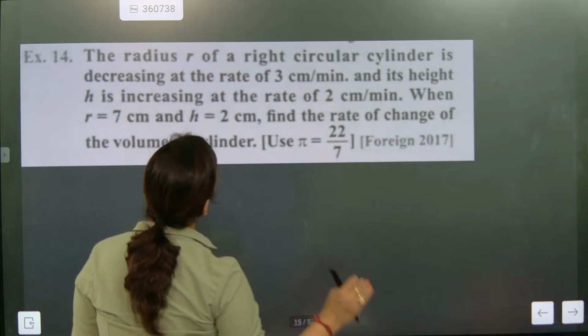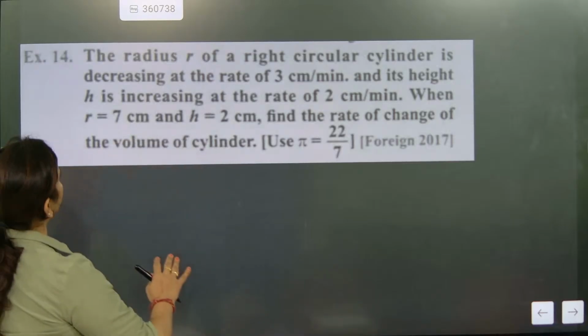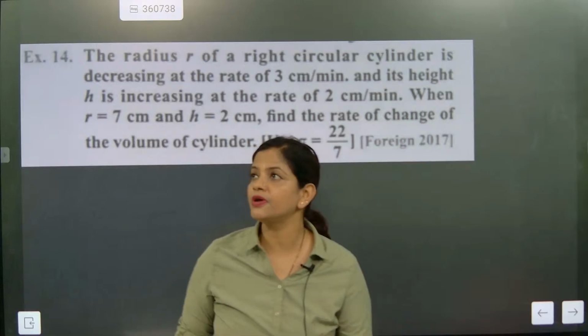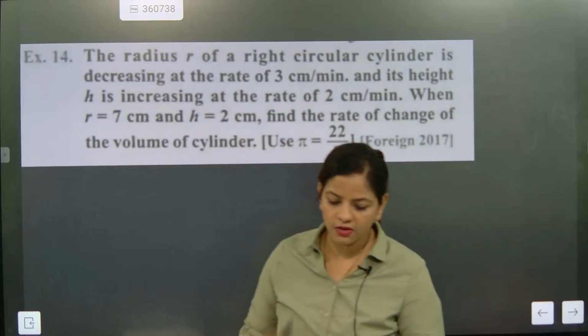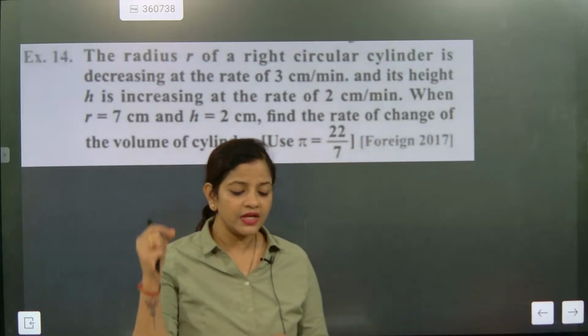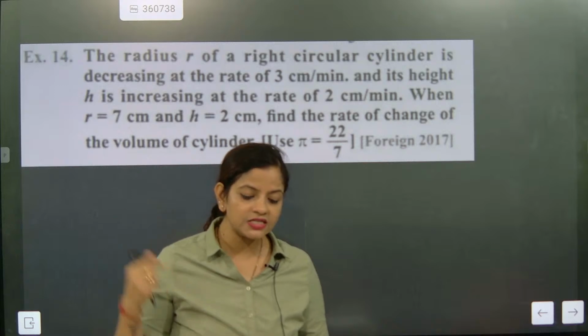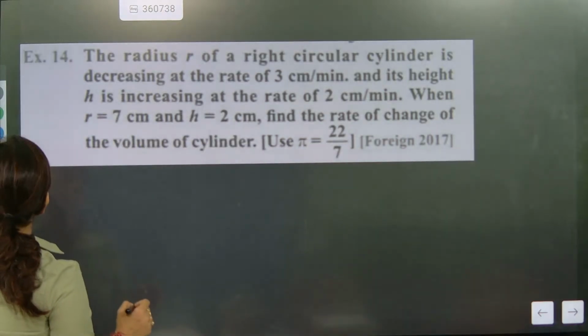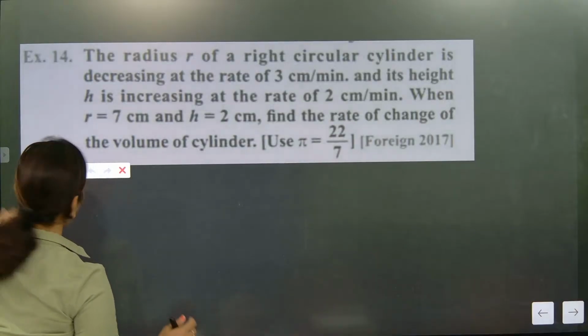The radius r of a right circular cylinder is decreasing at a rate of 3 centimeter per minute. Understood or not? So first we are going to draw a right circular cylinder.